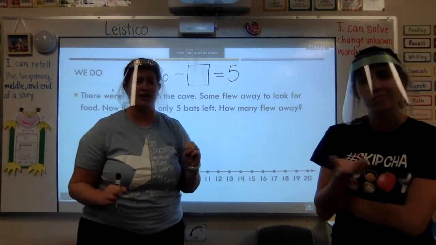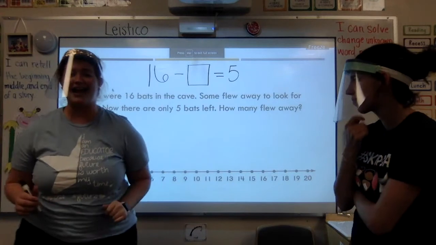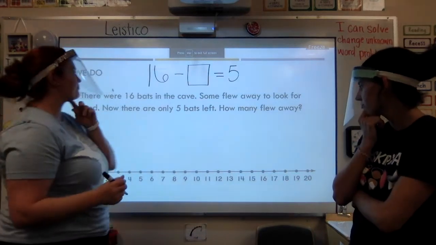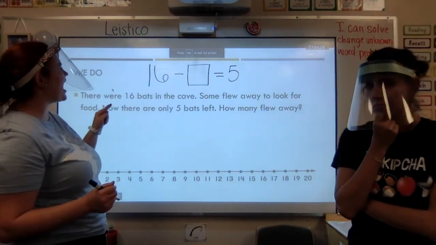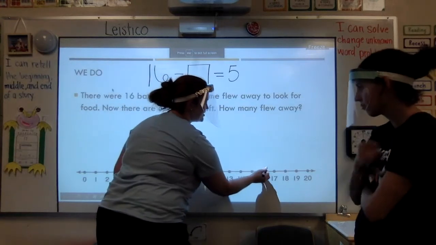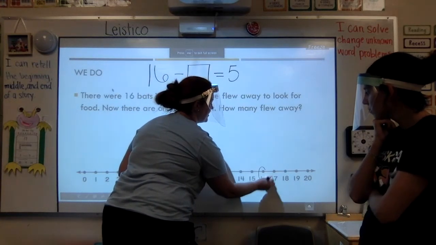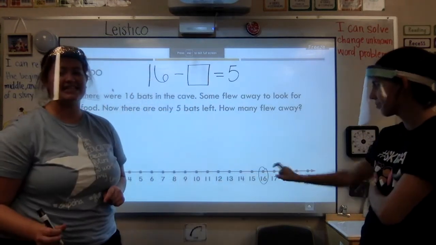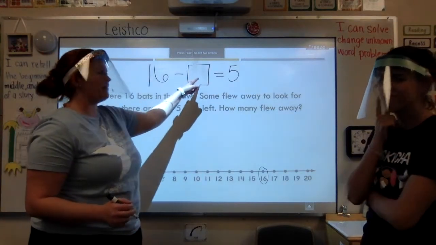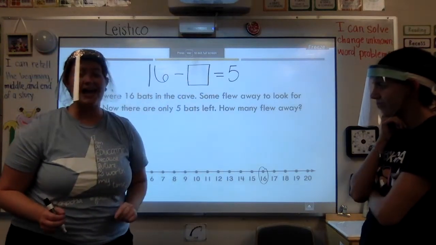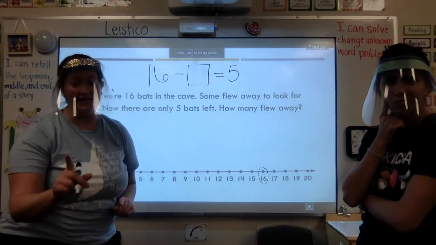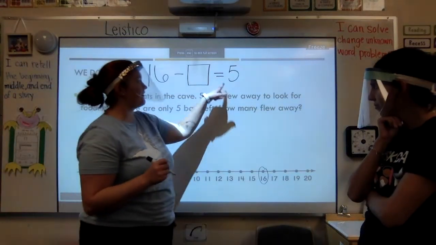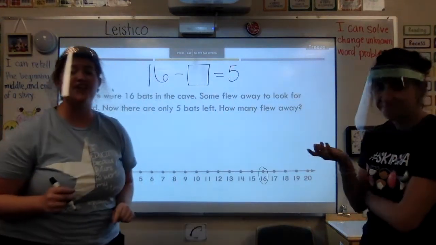That's what changed. I'm going to use the number line as my strategy. Let's see, we start at number 16. So here's number 16, and I'm going to put a big circle around it. I don't know how many jumps backwards I have to take, but I do know that I have to end at number 5.